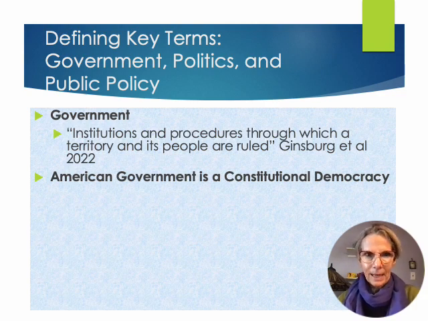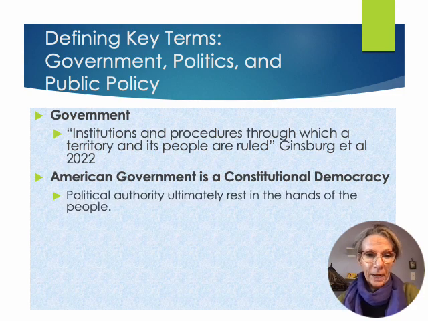But for this class, and I think most of us know this, but again, it's a refresher, America is obviously a democracy. That means that it's ruled by the people, but it's a certain kind of democracy. It's what is known as a constitutional democracy. And so when we say that the United States is a democracy, what we're saying is that the political authority ultimately rests in the hands of the people.